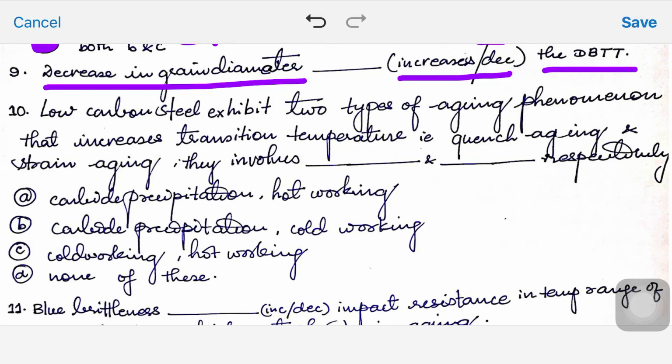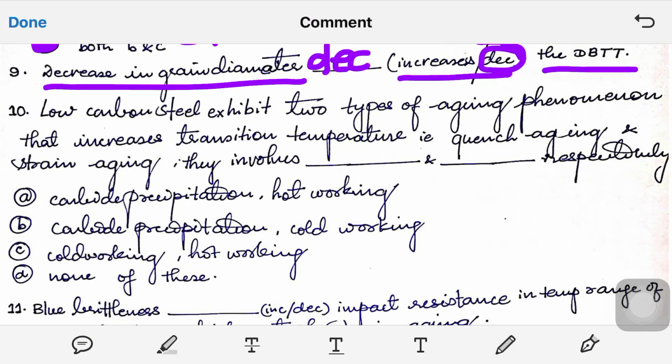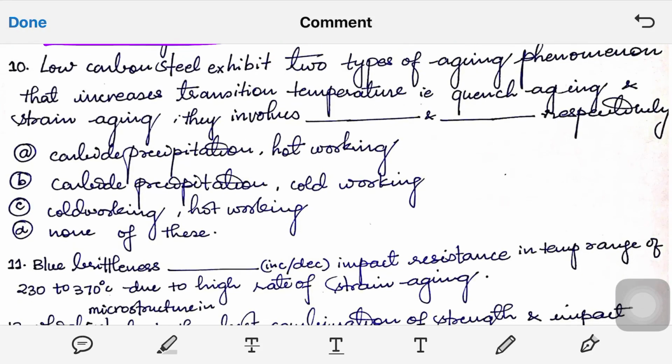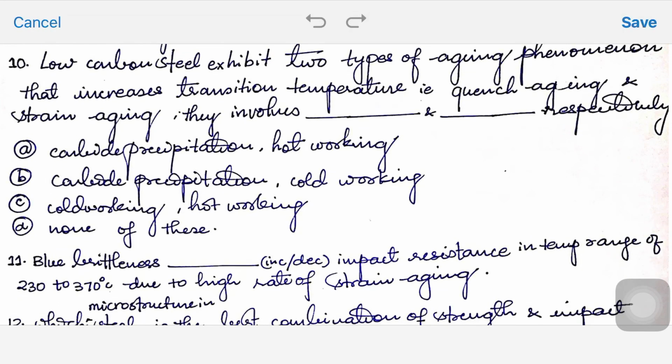So when we decrease the grain diameter, the DBTT decreases. This is the answer. Move to the next one. We can also say that fine grain steel is better as compared to coarse grain steel for low temperature applications.